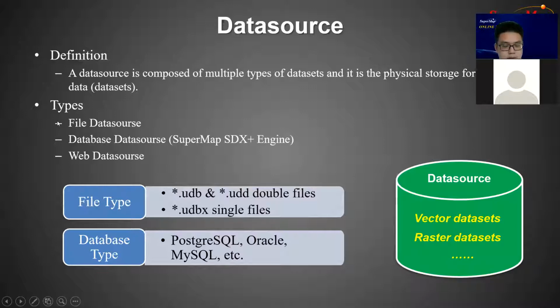Its types can be file data source or database data source, just like PostgreSQL or another database. And the third is the web data source. In the last demo and the last section, I will show you how to load the web data source.